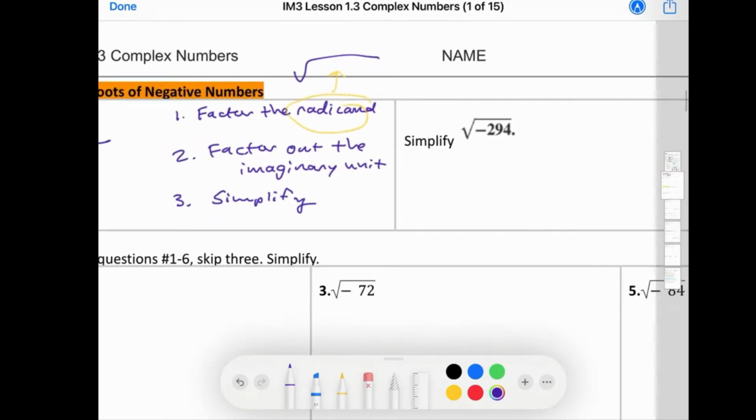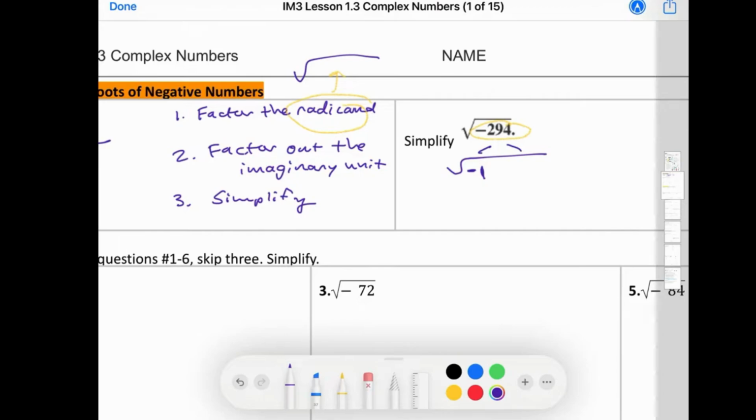All right, let's do this one. We need to get everything on the inside and factor that. You could do something called a factoring tree, but it also tells us first to factor out the imaginary unit, which is negative 1. I'm thinking of some numbers.